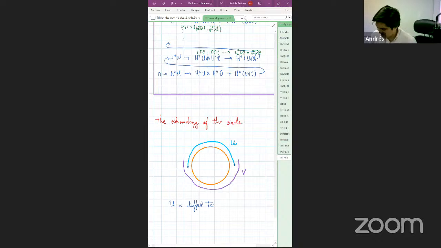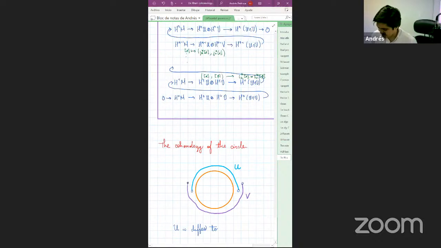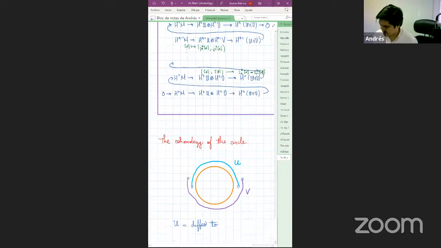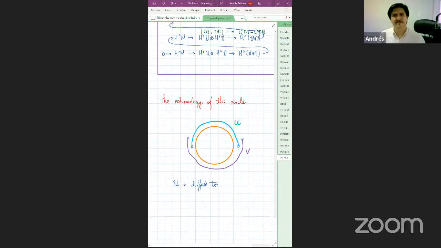They are open on the circle. What can you say about the open set U? Salvador, Moisés.